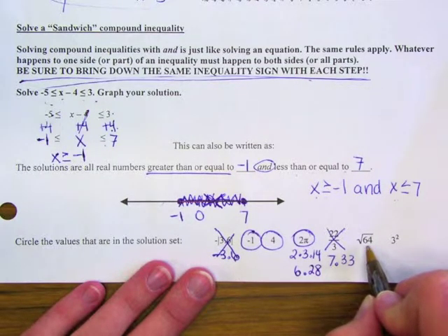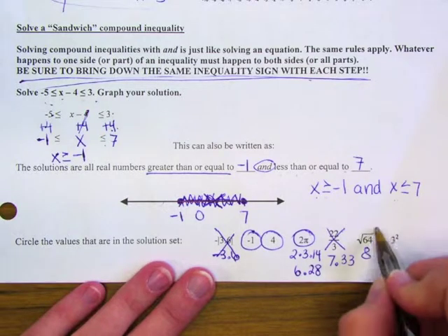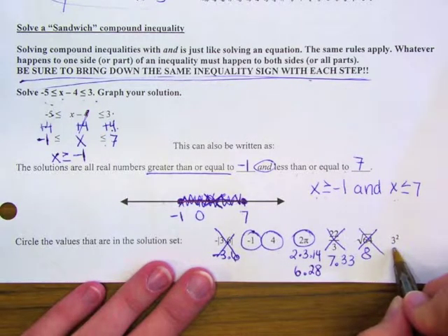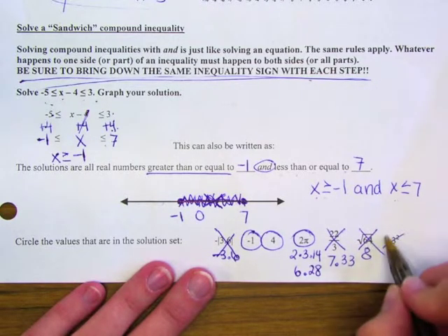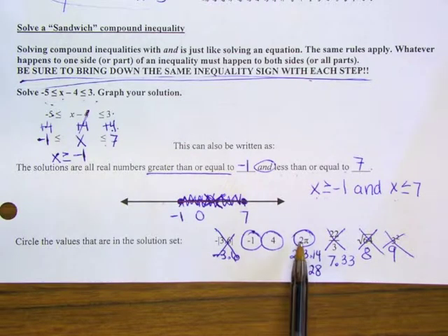Is that in our solution set? Square root of 64 is equal to 8. 8 is not in our solution set. What about 3 squared? That's equal to 9. 9 is not in our solution set, so no. So the only 3 numbers are -1, 4, and 2 pi. Now we're going to go on the back page, so please play video 3.